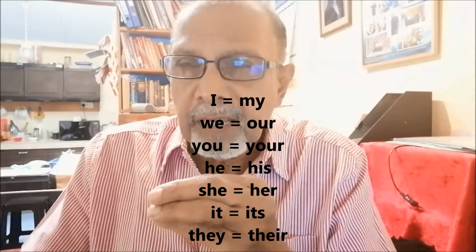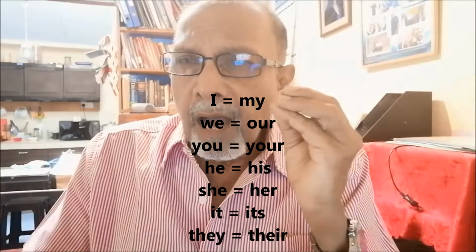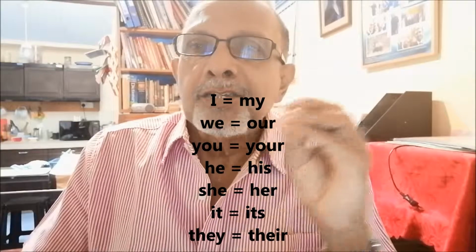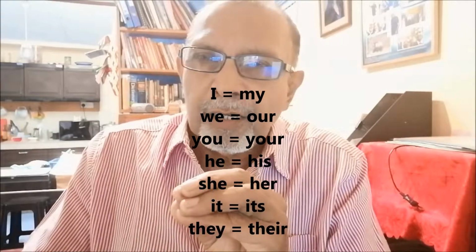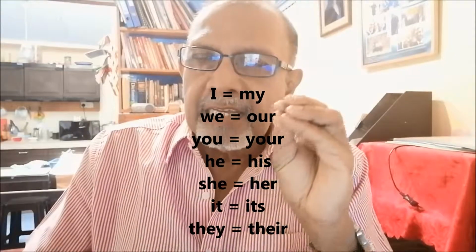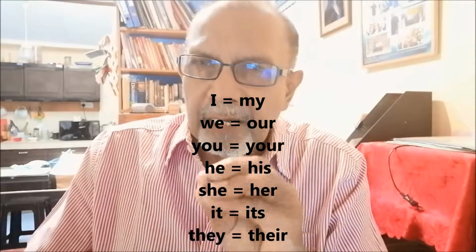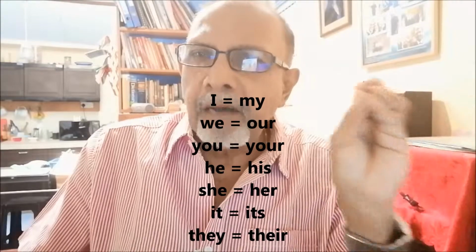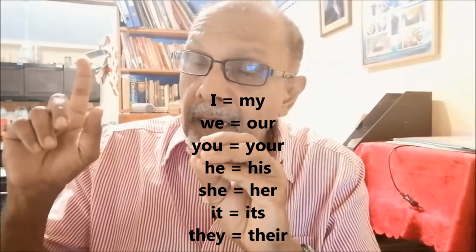So, I becomes my in the possessive adjective. We becomes our. You becomes your. He becomes his. She becomes her. It becomes its without an apostrophe. And they becomes their.